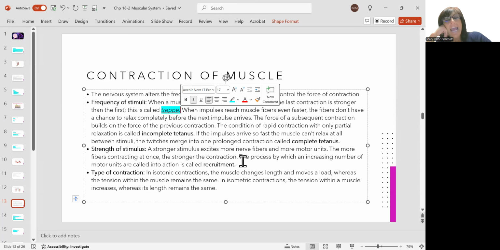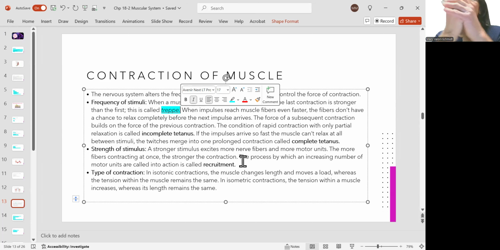Okay. And then we'll talk about isotonic and isometric. So isotonic contractions is where the muscle actually changes shape, right? It lengthens, it gets longer and shorter. So it moves something, it moves a load. Okay. In isometric, the tension within a muscle increases, but the length doesn't change.